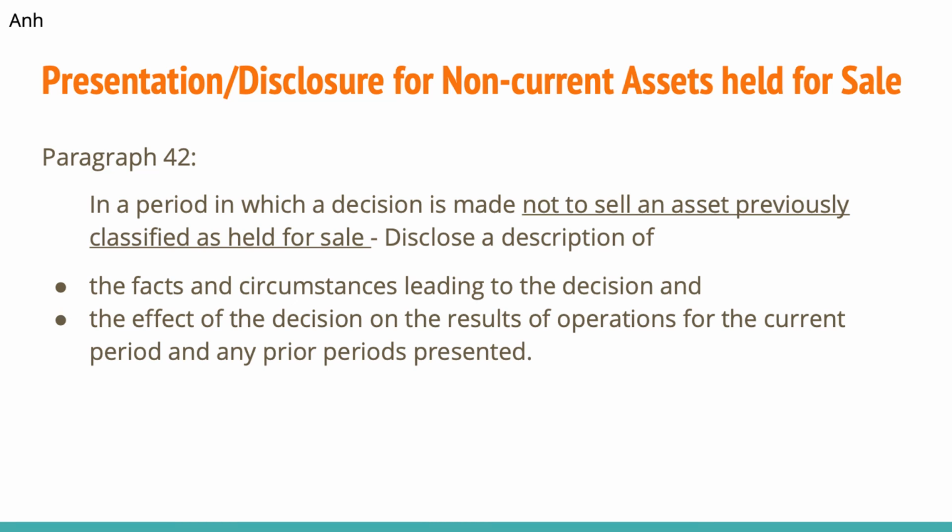In a period in which a decision is made not to sell an asset previously classified as held for sale, disclose a description of the facts and circumstances leading to the decision and the effect of the decision on the results of operations for the current period and any prior periods presented.